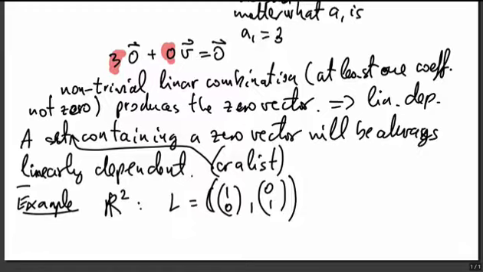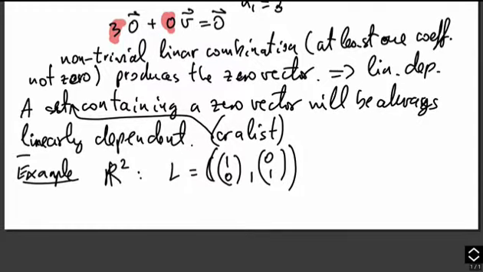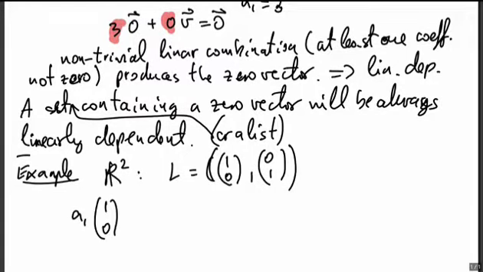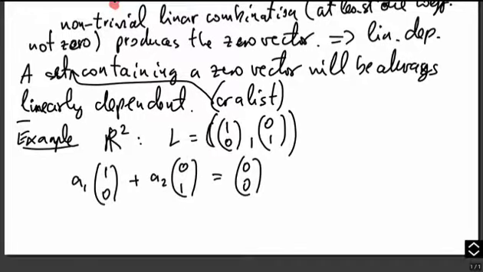Let's look at linear combinations and how we can get 0. So a1 times (1, 0) plus a2 times (0, 1). How can this be the 0 vector? What kind of a's could we choose? Can we choose non-trivial, non-zero a's? Can we have at least some non-zero a's?